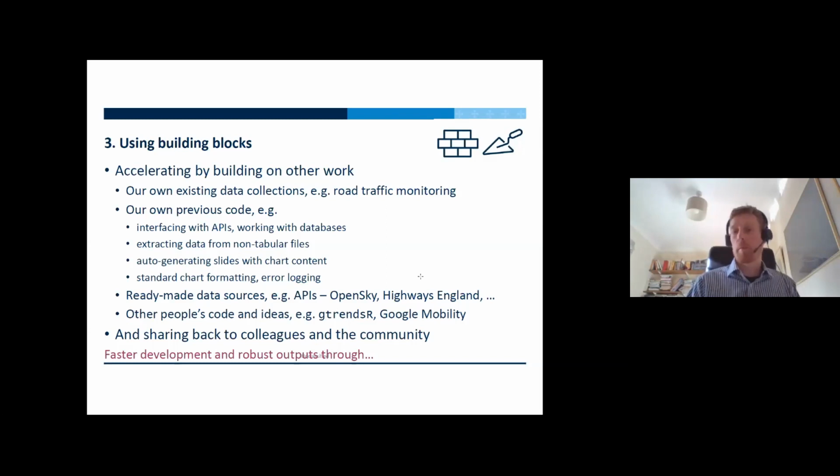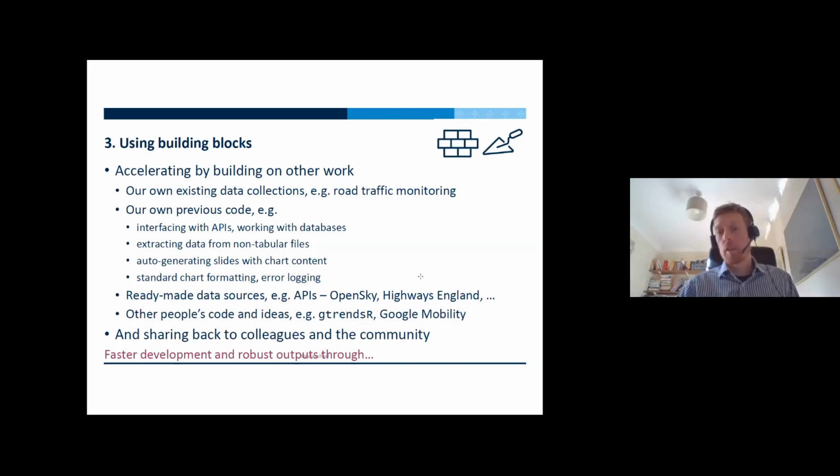So for example, plenty of R and Python packages for things like downloading Google Trends data from Gtrends are there, or Google mobility data. So looking at mobility around the country or even around the world, and building on work that other people have done even with that.